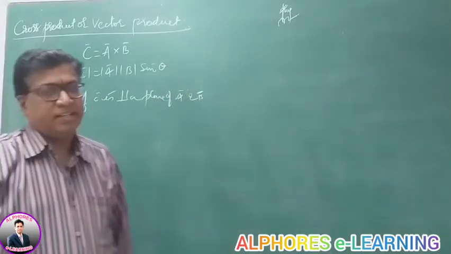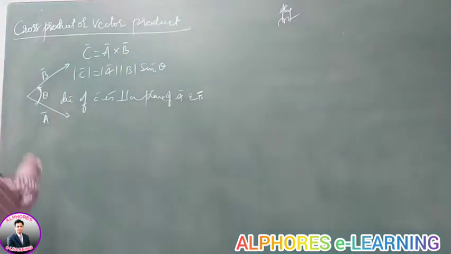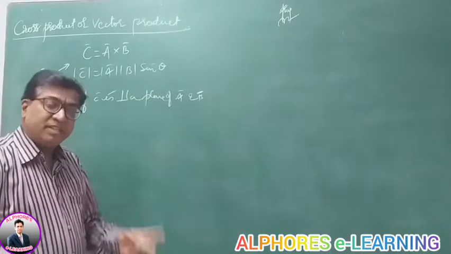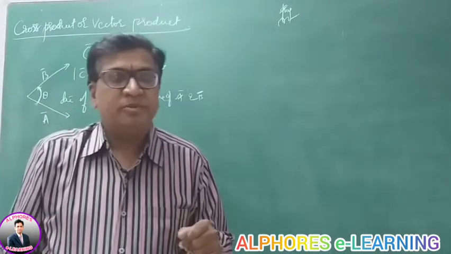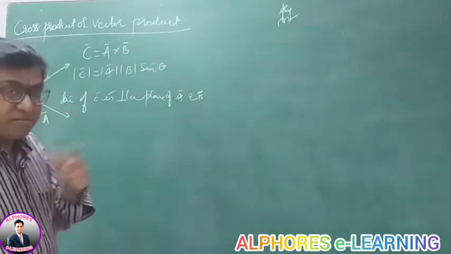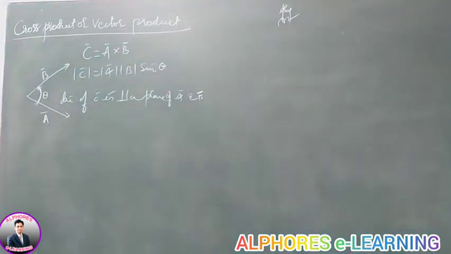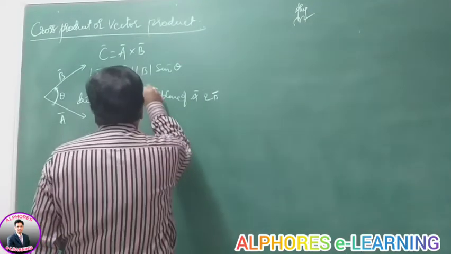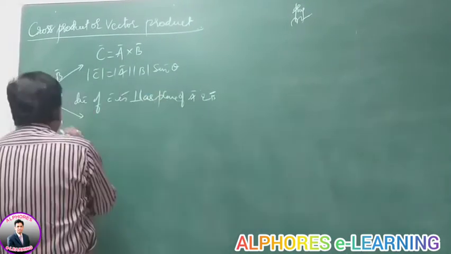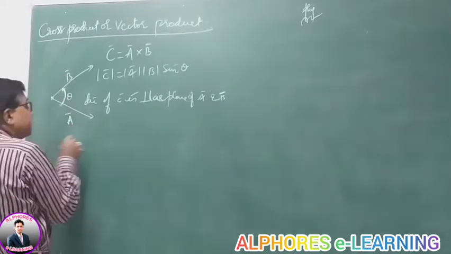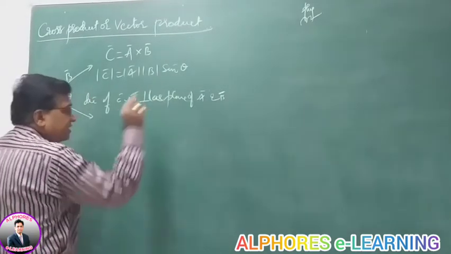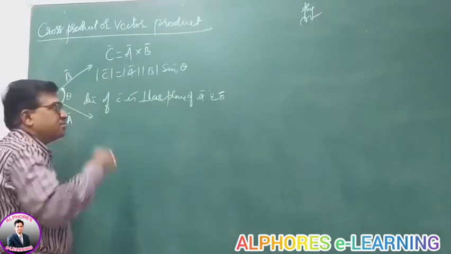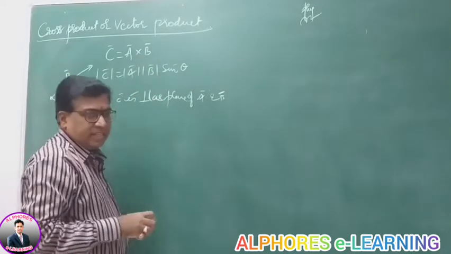If A and B are in this plane, c bar is perpendicular to the plane. There are two perpendicular directions, outward normal and inward normal. Which way? You have to take the right hand thumb rule, the screw rule. So the direction of C is like this, and its magnitude is mod A, mod B sin theta.